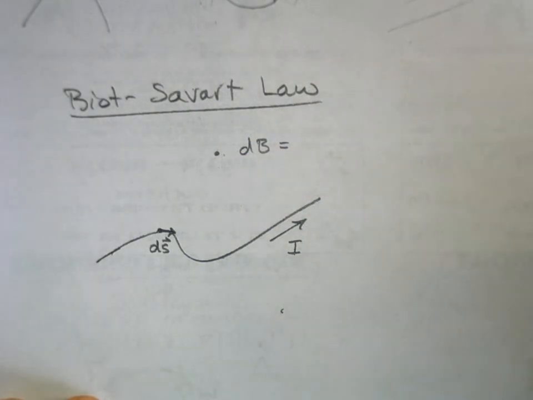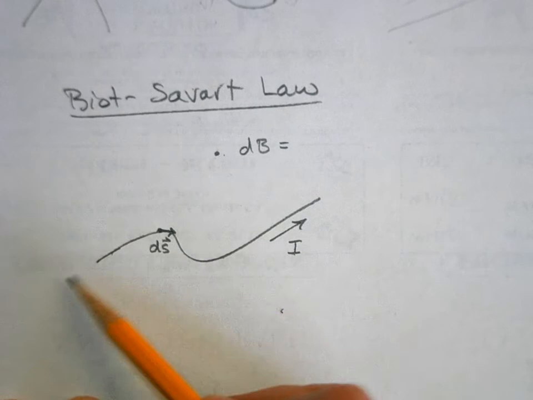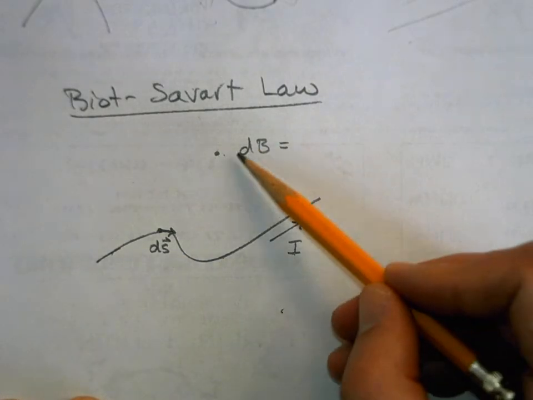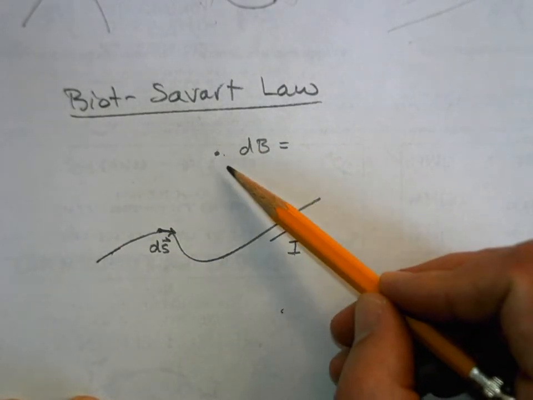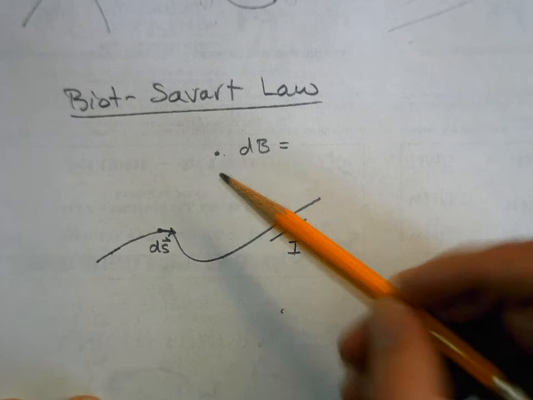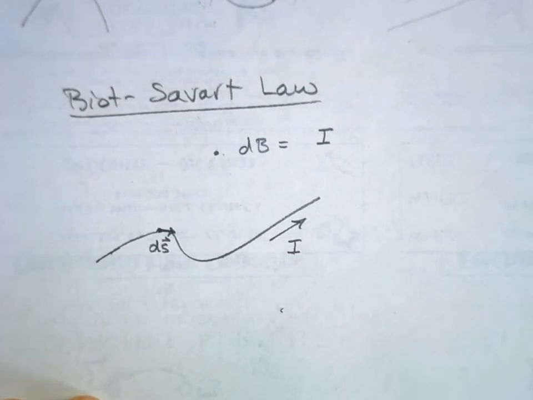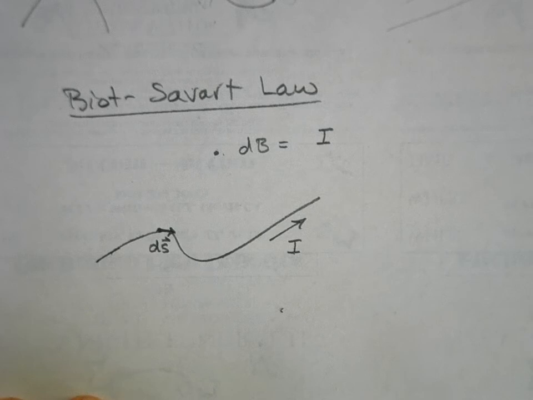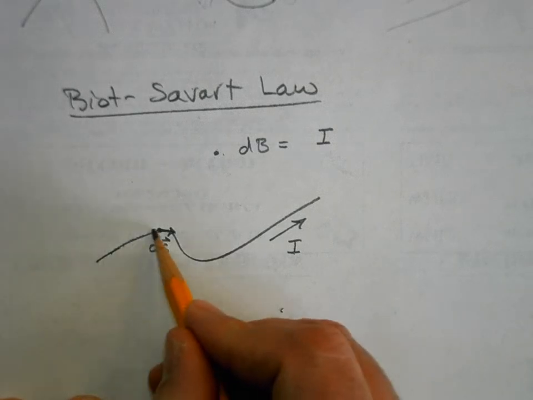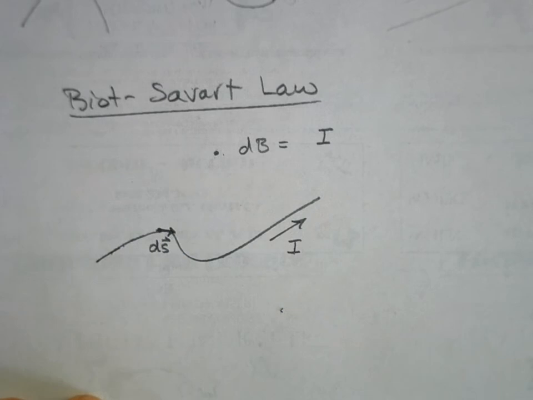Now, wouldn't you expect that the greater the current, the greater the magnetic field that current causes? Yes. So it turns out to be directly proportional to I. And it also depends on the amount of displacement you have.